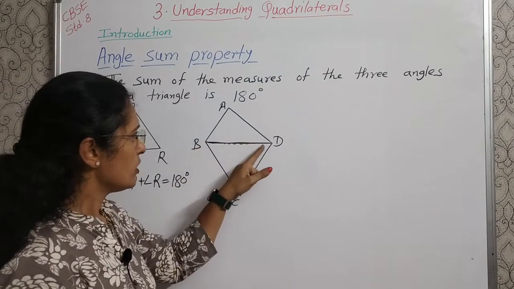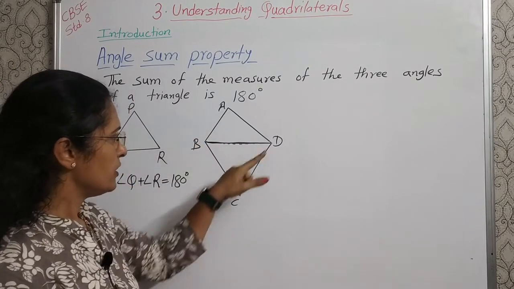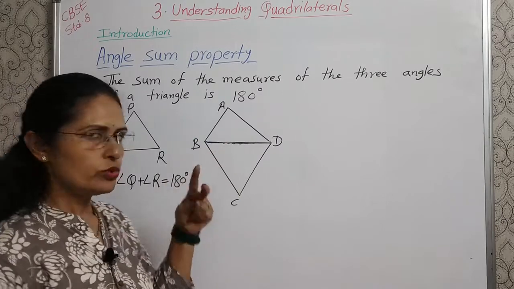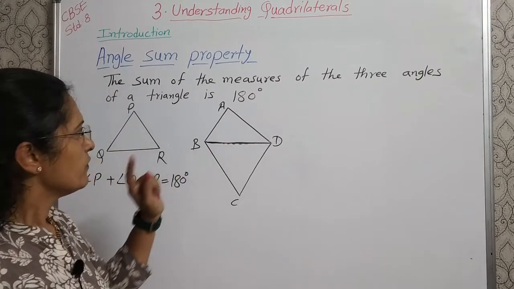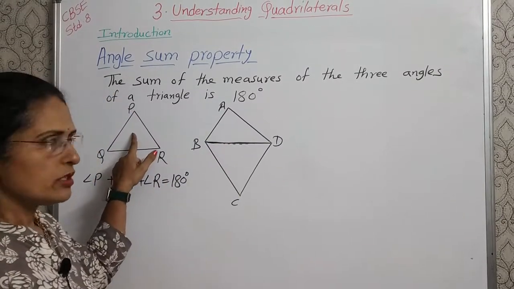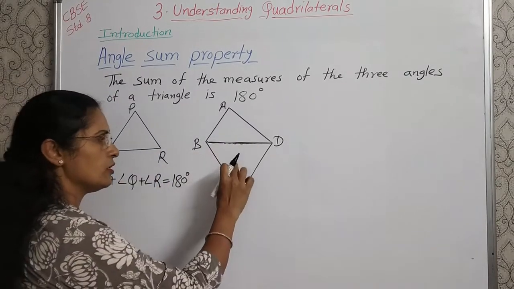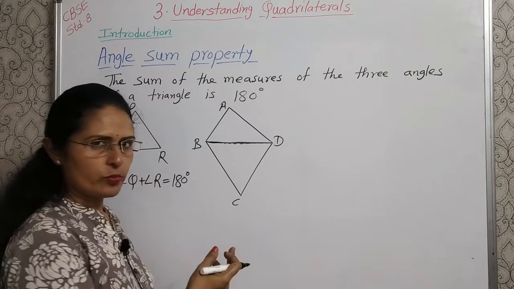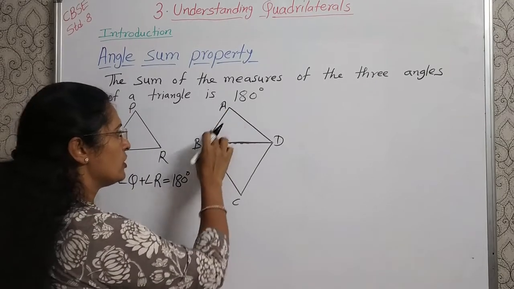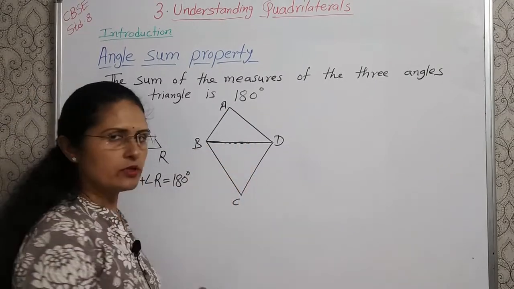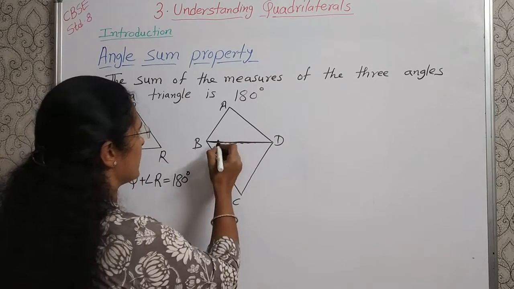Because of this diagonal BD, this quadrilateral ABCD got divided into 2 different triangles, and we know that the sum of the 3 angles of a triangle is 180 degrees. So here there are 2 triangles. Using that property we can find out the sum of all 4 angles of this quadrilateral.